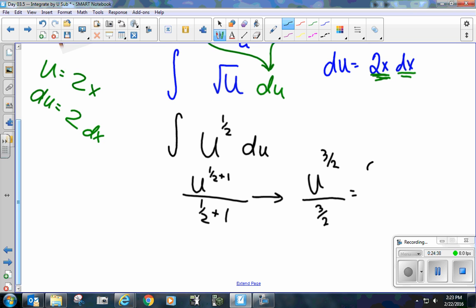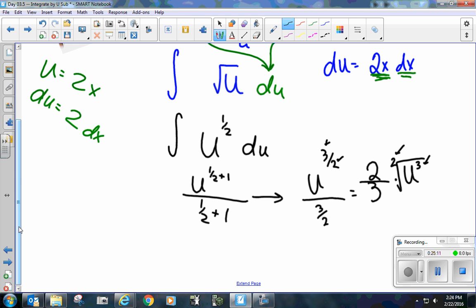It's the same thing as saying 2/3 times u to what radical? The square root of u cubed. Top down, bottom out. The top comes down, the bottom pops out. Top down, bottom up. Yeah. Bottom up.